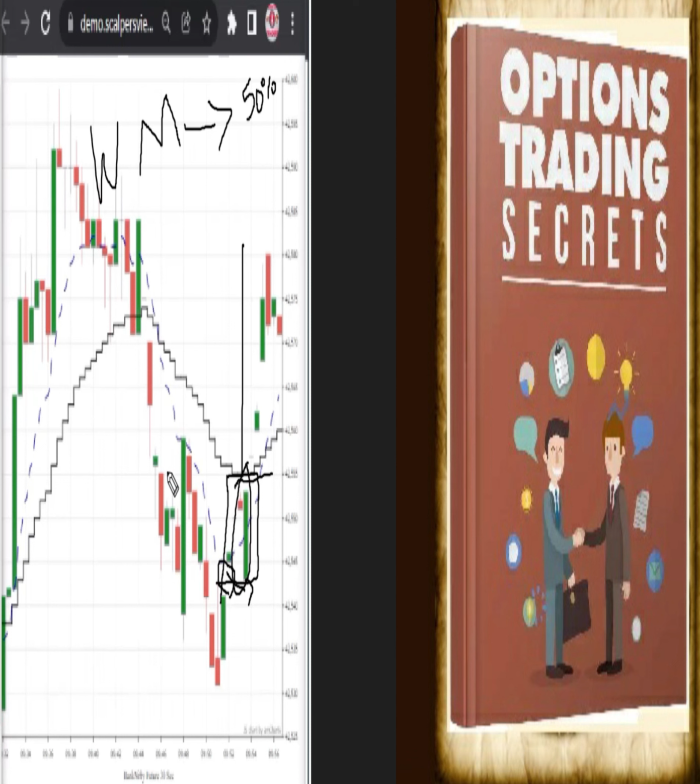Our entry will be almost near this. I mean, there is a staircase. Can you see the staircase? So always our entry will be above this, near the staircase, and this is nothing but a moving average I am placing. This staircase is an ATR based staircase, so that we will have a perfect trend kind of thing.